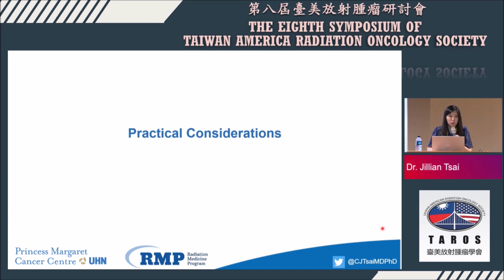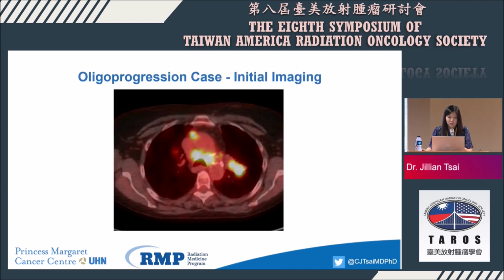So I'm going to go over a couple of cases for practical considerations, a few patients treated on the trials. This is an oligoprogressive case that we treated on the trial. This is the patient at initial staging. You can see the patient with non-small cell lung cancer with diffuse metastatic mediastinal lymph nodes and a left lung mass.